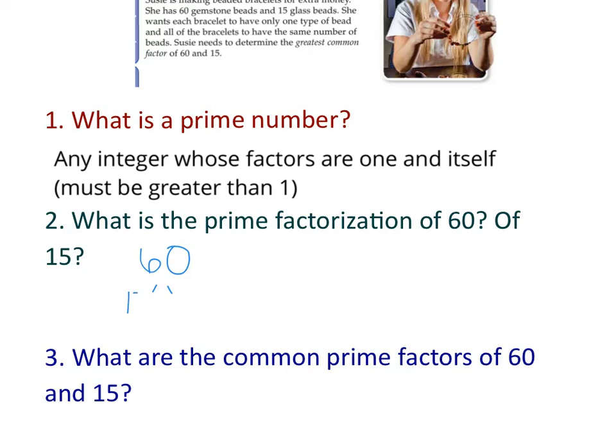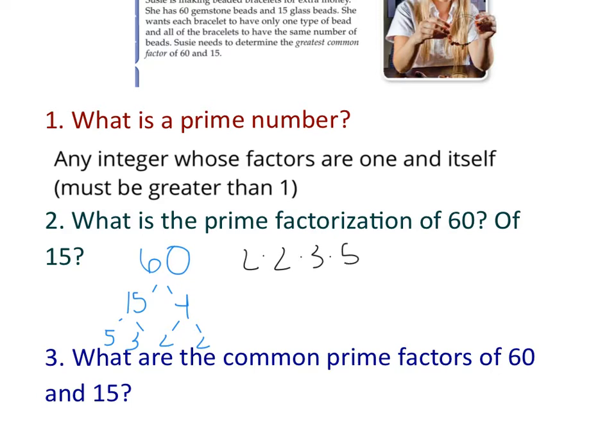So 15 and 4. And then 4 breaks down into 2 and 2. And 15 breaks down into 5 and 3. So now if I write out the prime factorization of 60, that is 2 times 2 times 3 times 5.